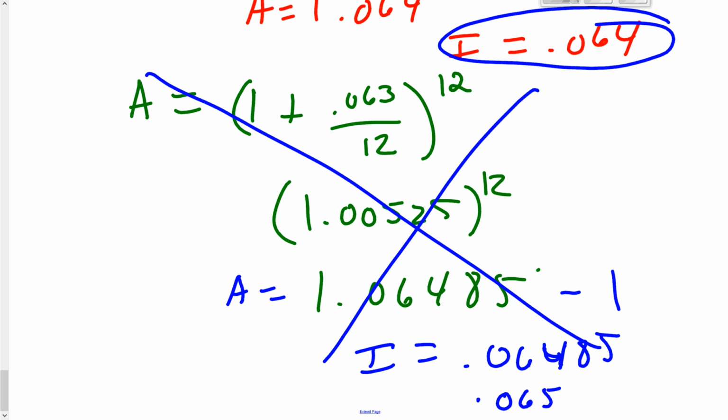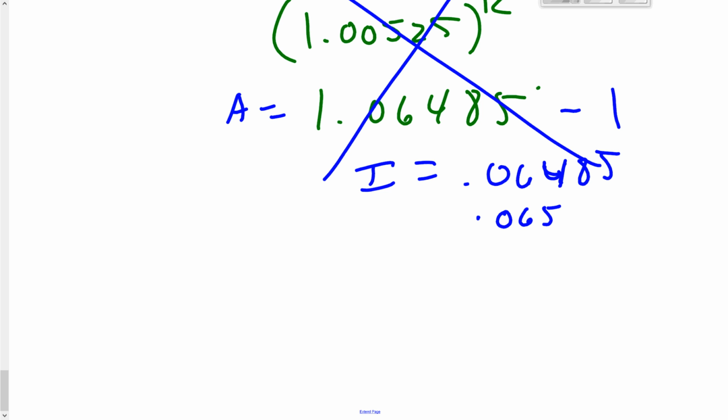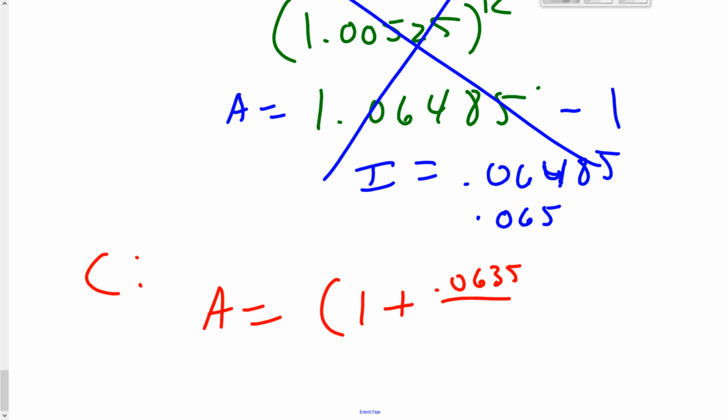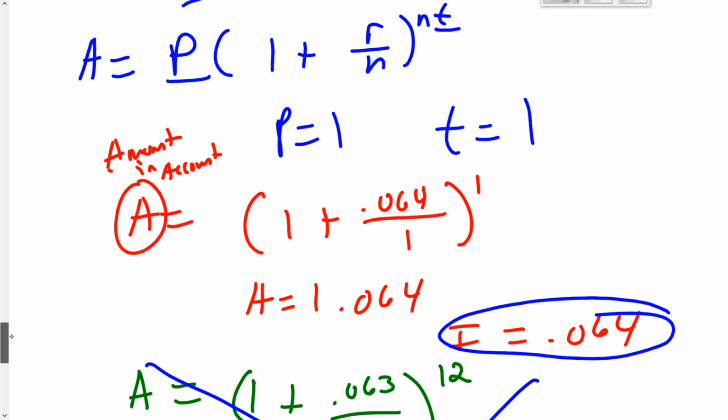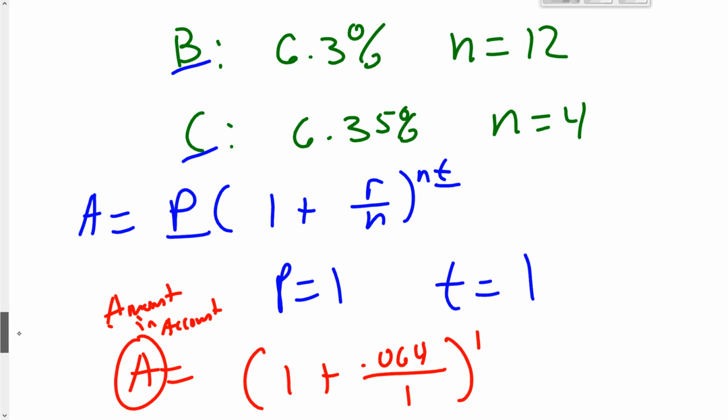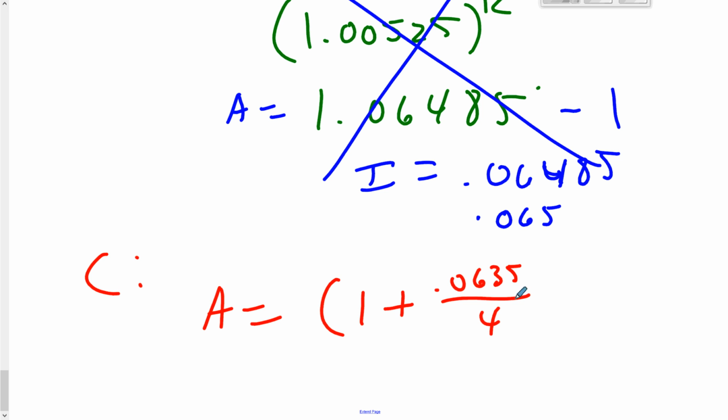Now let's go ahead and do the last bank, and that is bank C. So bank C, principal is still going to be 1. Interest rate is 0.0635 over how many times I'm doing it, which it said is 4 times, quarterly. 4, and then raised to 4 times 1 is 4. Okay, so again, you can type that all in at once, or you can do it one at a time.